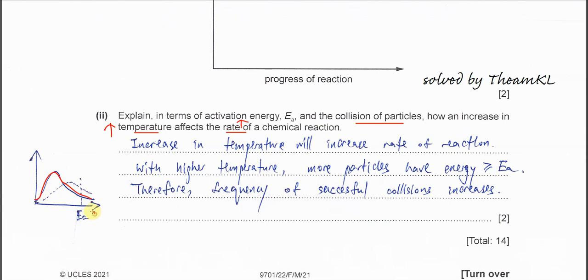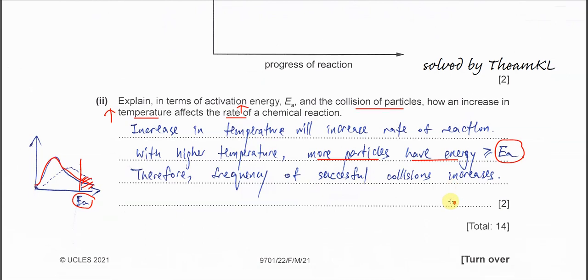If the EA is this, this is the standard EA. With higher temperature, it has more molecules equal to or more than EA. So that's why the successful collisions are more. So what you need to mention is just more particles that have energy the same or more than the EA at higher temperature. Therefore, the frequency of successful collisions increases. Okay, that's all for this question.